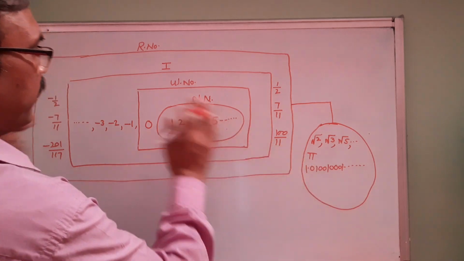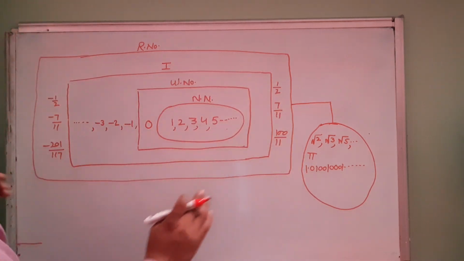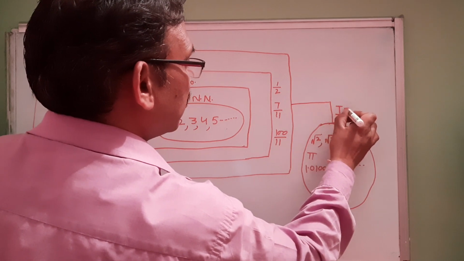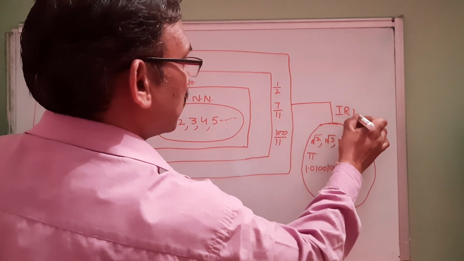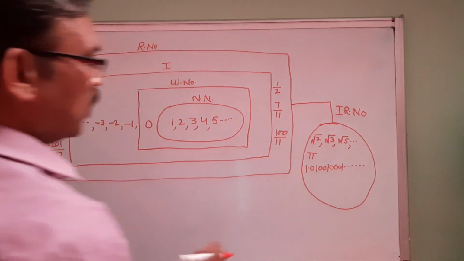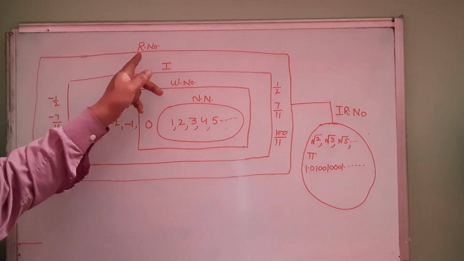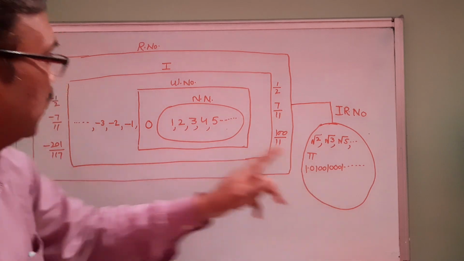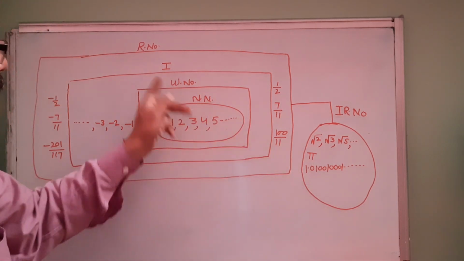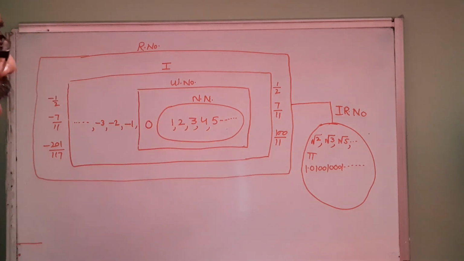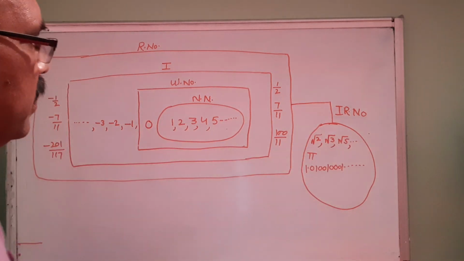These numbers are different from these numbers. So these numbers are called irrational numbers. Root 2, root 3, root 5, they are not rational numbers. They are some different numbers. They are not whole numbers, they are not integers, they are not natural numbers, they are different. So they are placed here separately.